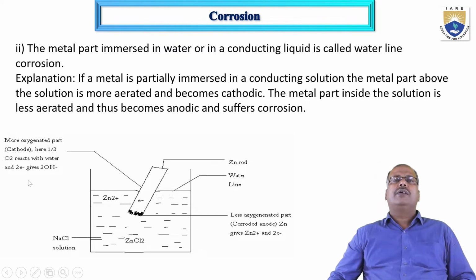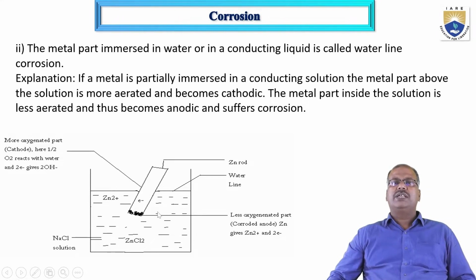Some portion is immersed inside the zinc chloride, and some portion is outside. The outside is the more oxygenated part, which acts as a cathode. The part inside the liquid is the less oxygenated part, which corrodes and is the anode.